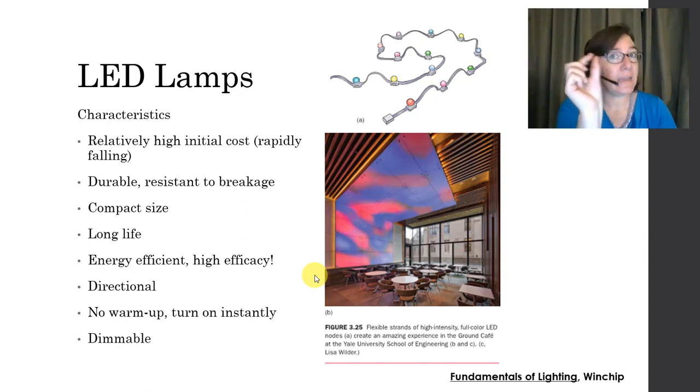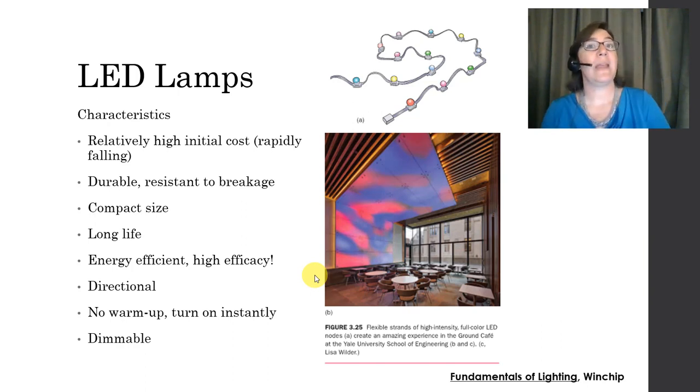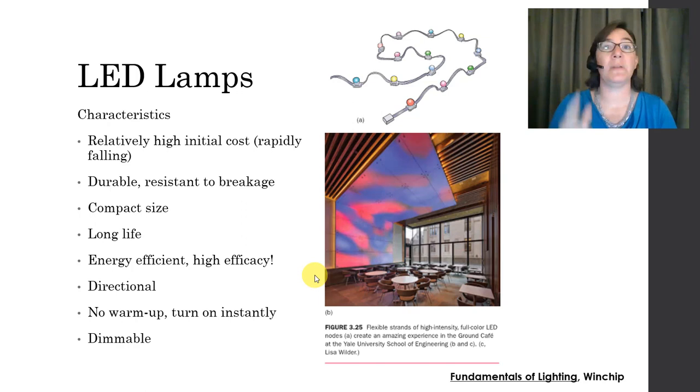They are tiny compared to an incandescent bulb and especially a fluorescent tube. They have very long life and extremely high efficacy, especially the later technologies. LEDs are extremely directional. And as compared to some of the high intensity discharge lights that have similar efficacy, there is no warm up time and they turn on immediately. And finally, LEDs are dimmable.